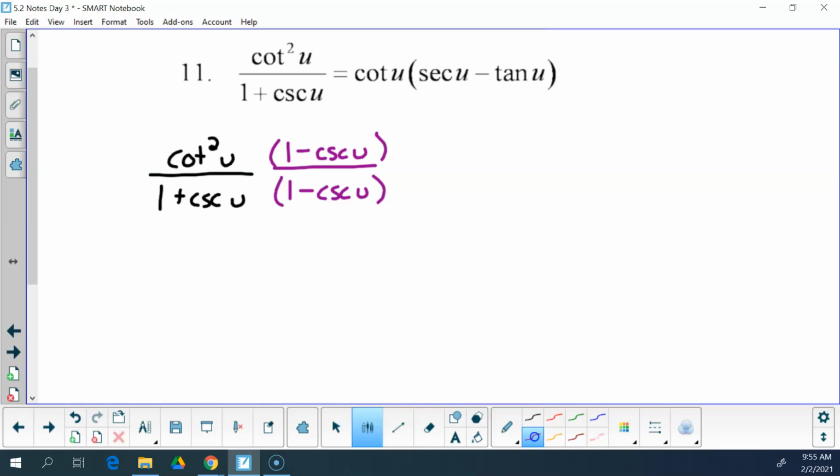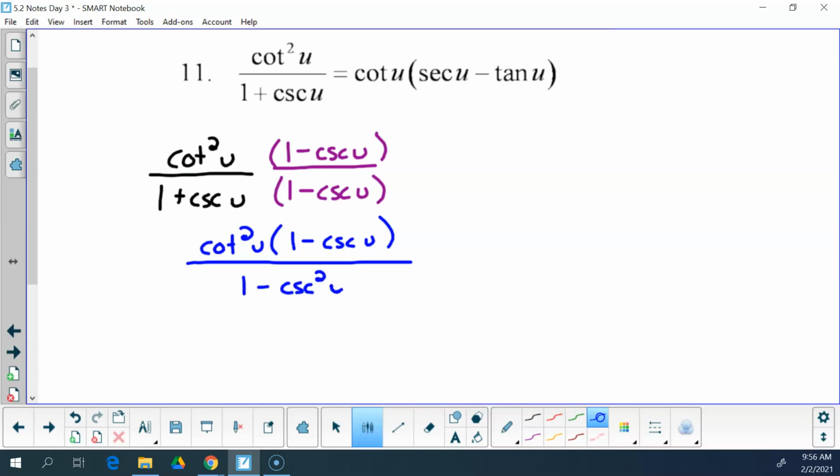So on top then, we would get cotangent squared times 1 minus cosecant. On the bottom, we would get 1 minus cosecant squared.